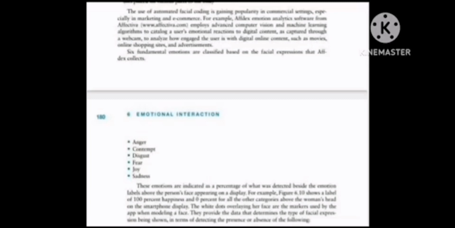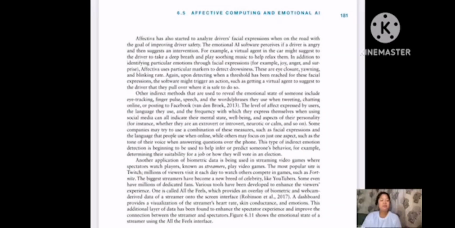For example, it shows a level of 100% happiness and 0% for all the other categories for the woman's head on the smartphone display. The white dots overlaying her face are the markers used by the app when modeling a face. They provide the data that determine the types of facial expressions being shown, in terms of detecting the presence or absence of the following. Affective computing and emotional AI.